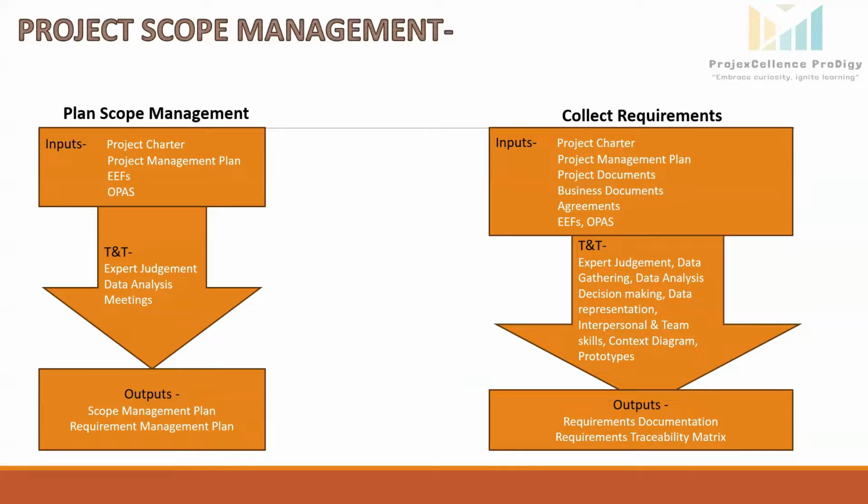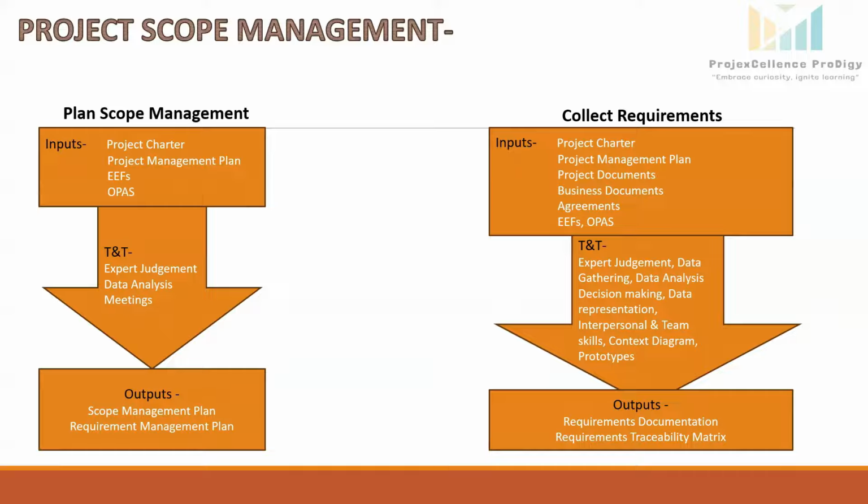Then you multiply this rating by the weight of the factor. After doing this for all the factors, you add up the scores for each option. The option with the highest total score is considered the best choice. So these are the decision making techniques.